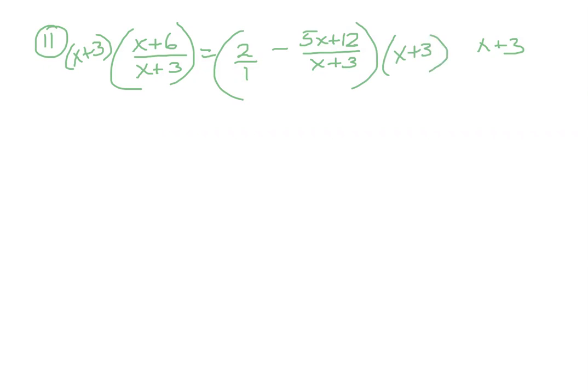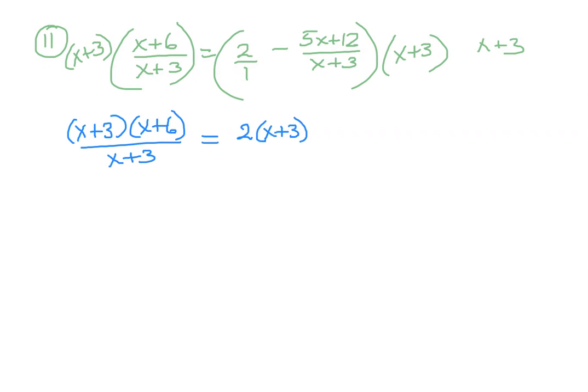So when we distribute this, I'm not going to FOIL it. I'm just going to leave it as x plus 3 times x plus 6 over x plus 3 equals 2 over 1 minus 5x plus 12 over x plus 3, times x plus 3.